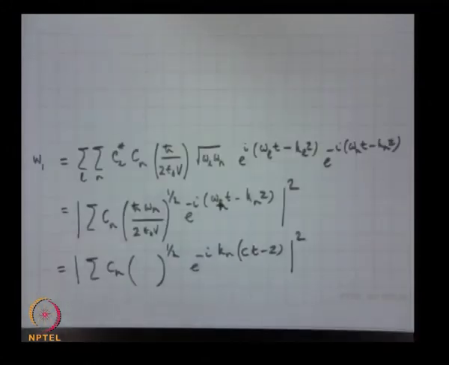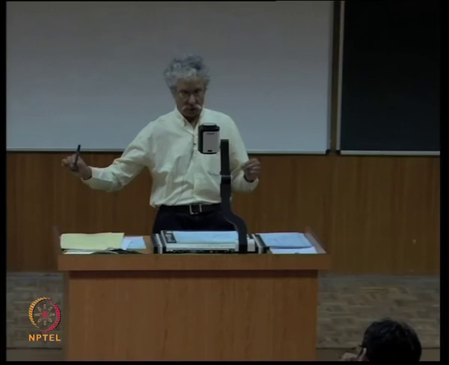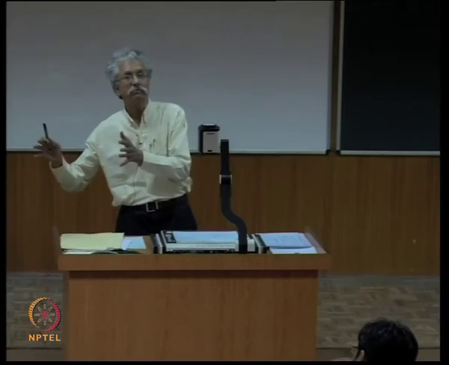So this implies that this wave packet is moving at the velocity of c, because if the probability of finding the photoionization was maximum at this point at t is equal to 0, at some other time the photoionization probability will become maximum at this different point. It is as if this wave packet is moving in free space at a velocity c.